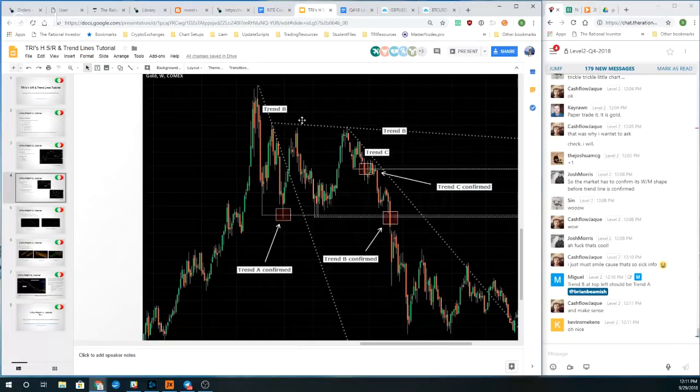As soon as this level here is taken out, right, you can see the M up, and actually it should be down there, then up there, right? That took out that high, top of the range, bottom of the range. As soon as that was taken out there, boom, now trend B becomes valid. And I apologize, that should say trend A, not trend B.